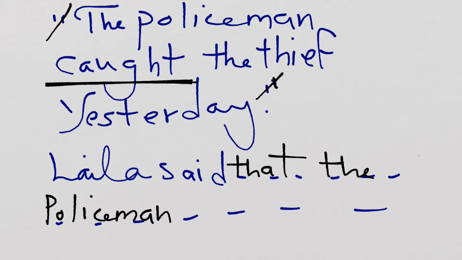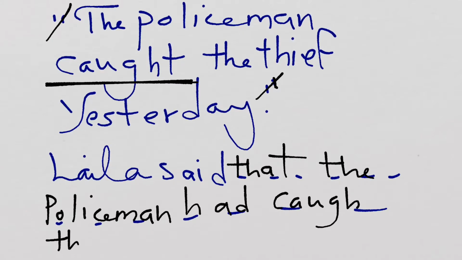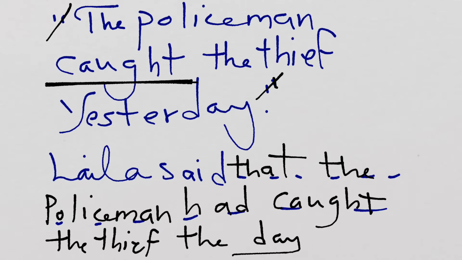Remember, I told you if the tense of the sentence is past, you have to change it into past perfect. Had plus verb 3. So it will be had caught. The thief, we are not going to change it. Finally, we have the word yesterday. So you're going to change it into the day before.